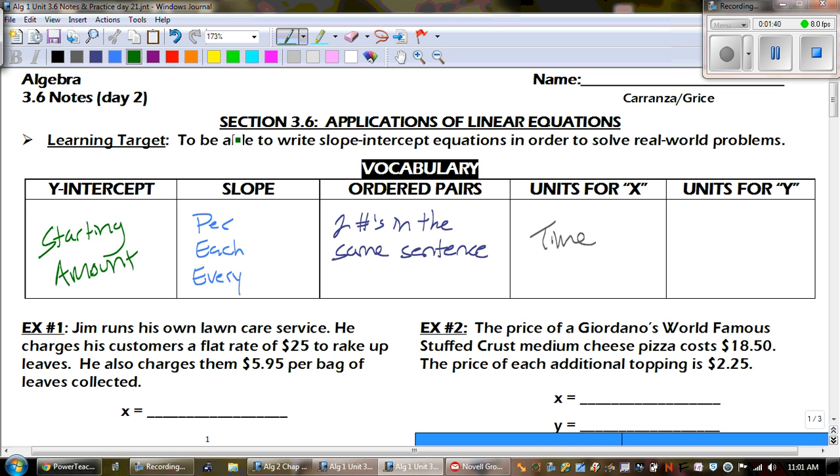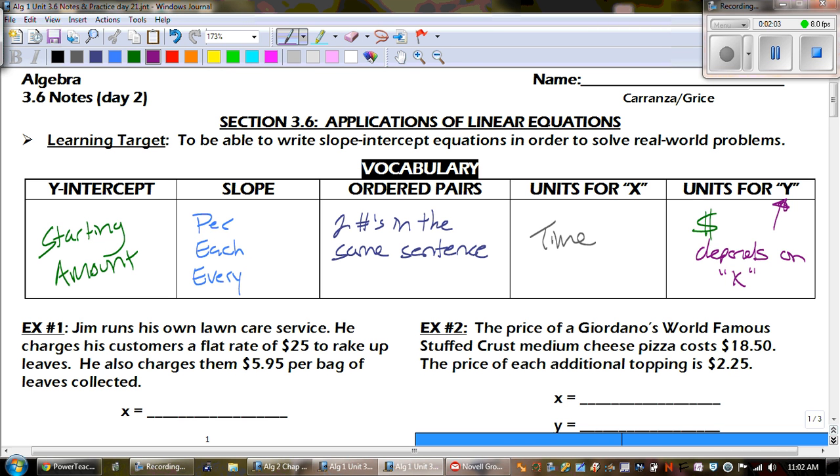And then the units for Y, it's going to be money, but just know that the units for Y also depends on what X is.